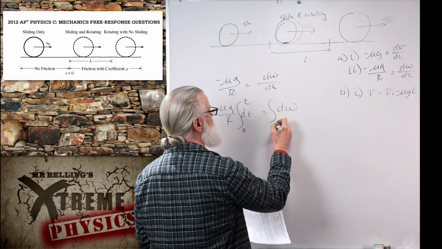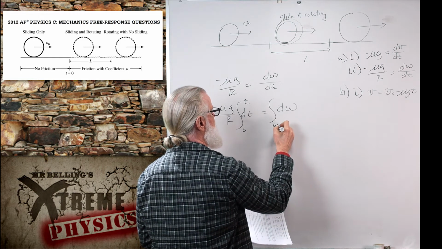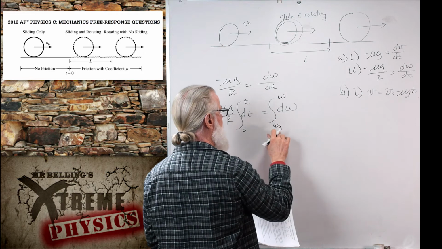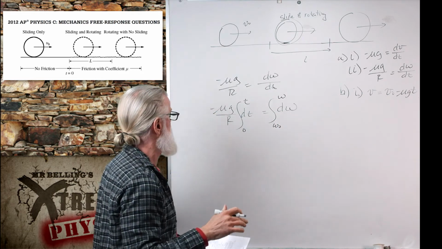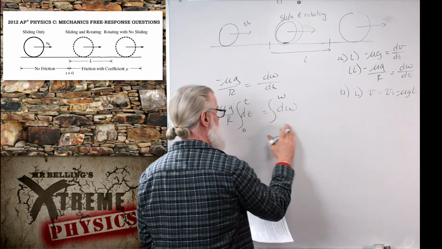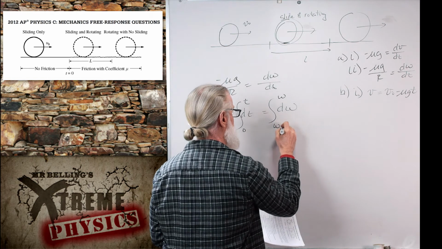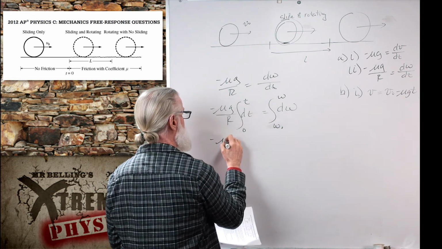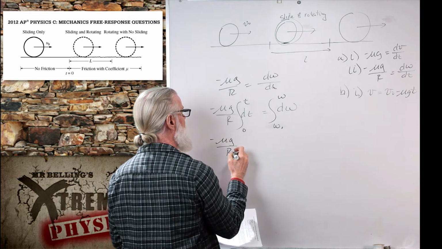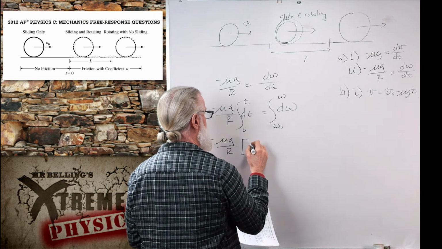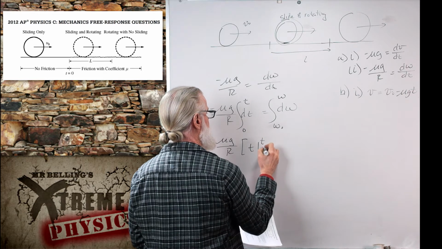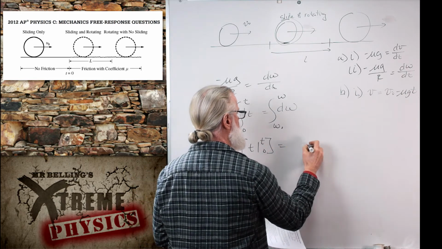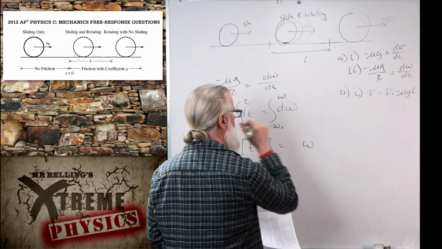And omega goes from omega initial to omega. Now that is 0 in that case. It's not rotating at the beginning. So I'll put omega 0, its value is 0. All right, so we got minus mu g over r, that's just t, t from 0, equals omega.